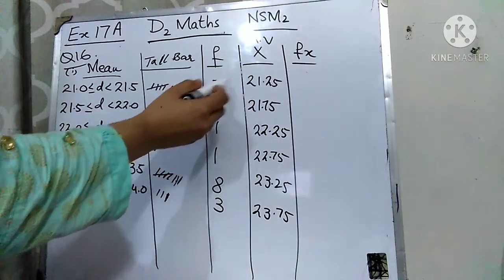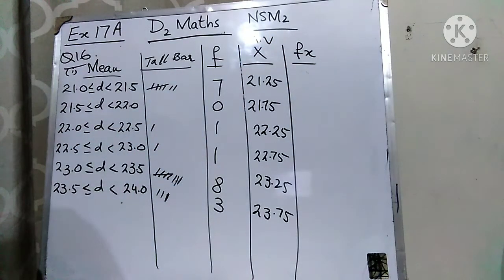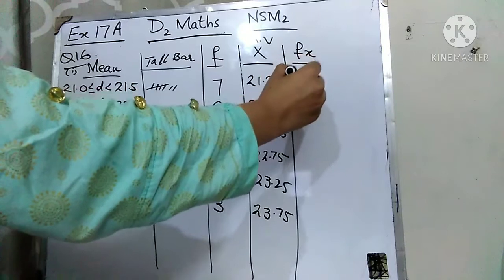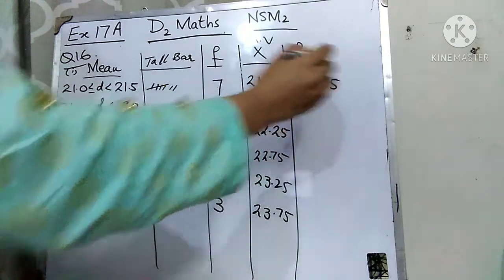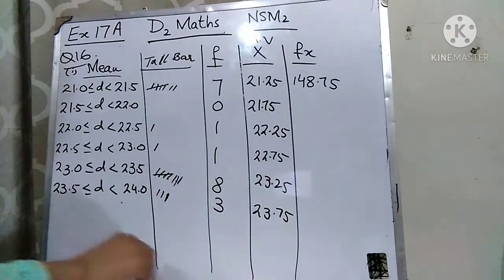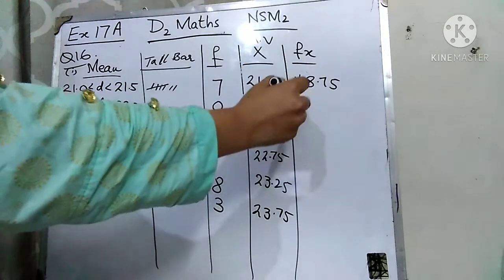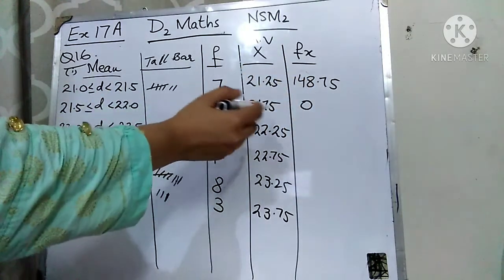Okay, so now I'll multiply 7 with 21.25. So what will I get? 7 multiplied by 21.25 will be equal to 148.75. In the same way, when I multiply 0 with this value, I will get 0, because whenever we multiply 0 with any value, we get 0.